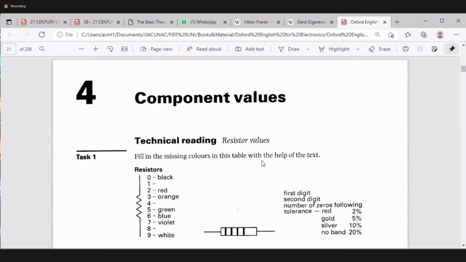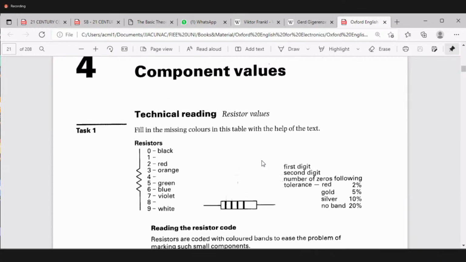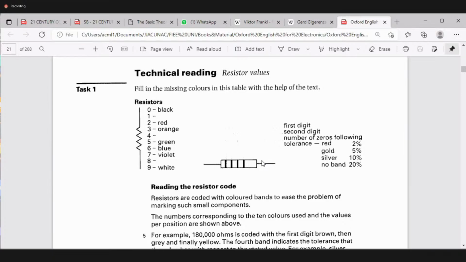Component values is connected to the first devices that we study in electronics or in electrics. Those are, for example, resistors. And for resistor values, you know that the form of coding is connected to colors, right? Using color bands. Why?